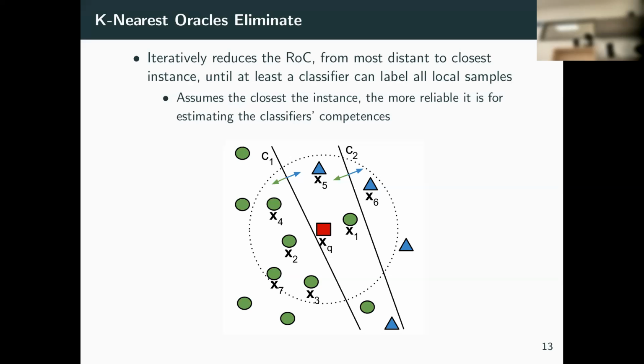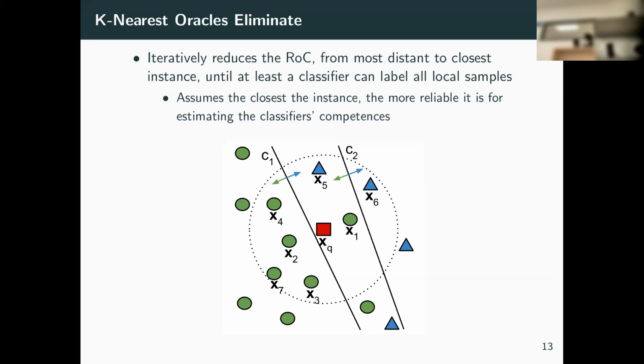We have two classifiers. So in the KNORA-E, it would first identify if any of the classifiers in the pool correctly label all instances within the circle. In this case, neither of them does. So what the KNORA-E does is it removes from the region of competence the instances that are furthest from the query.